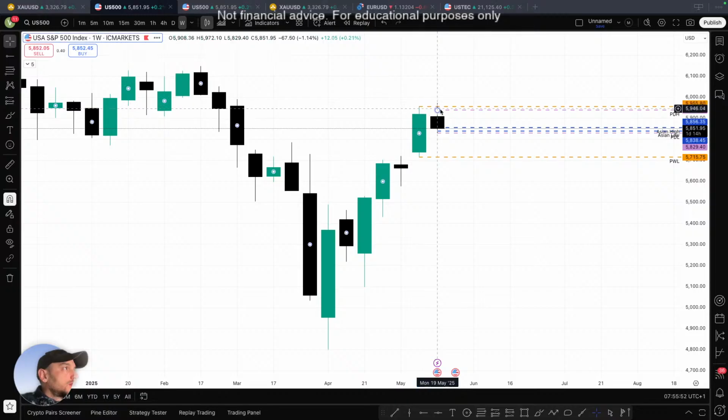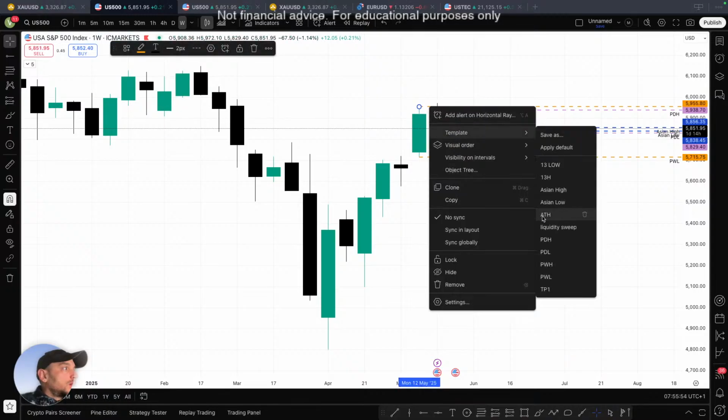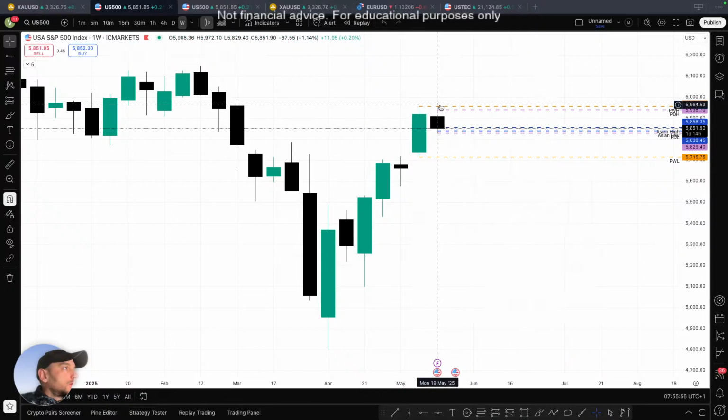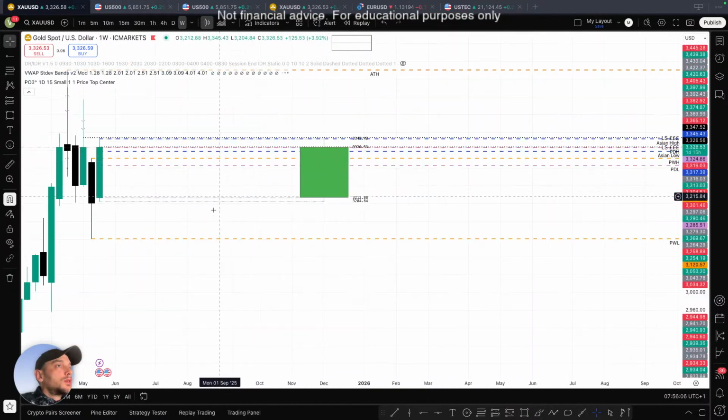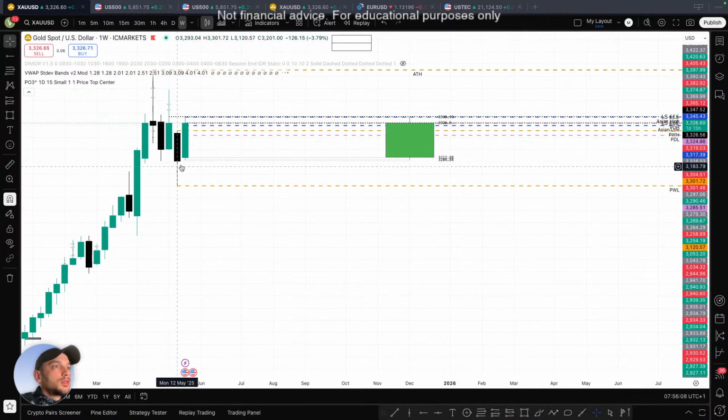So on the weekly candle, we can see we swept the previous weekly high, and there was a big reaction going down. While with gold it's the opposite. We're trending up.